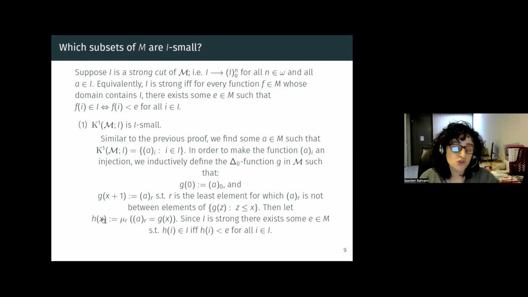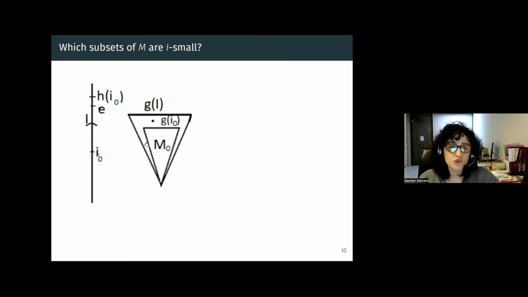And we put H to be the definable function that defines the index of that G. So since I is strong, this property holds for H. We have some E such that this property holds for A. And my claim here is that if we name this subset M0, this M0 is a subset of GI, if any AI is equal to some GJ such that J is smaller than I. But we cannot make sure that M0 is equal to this GI.